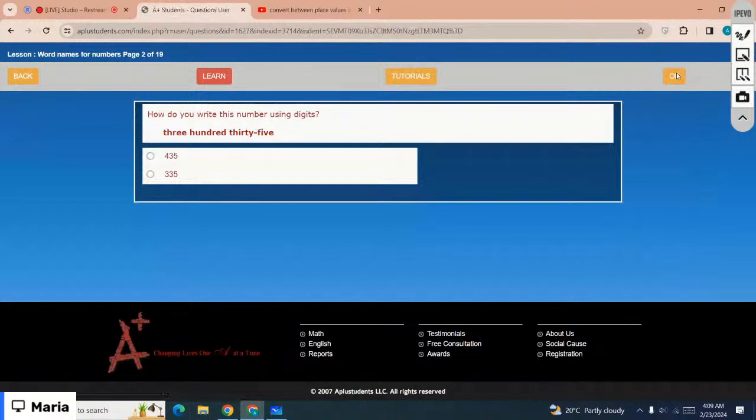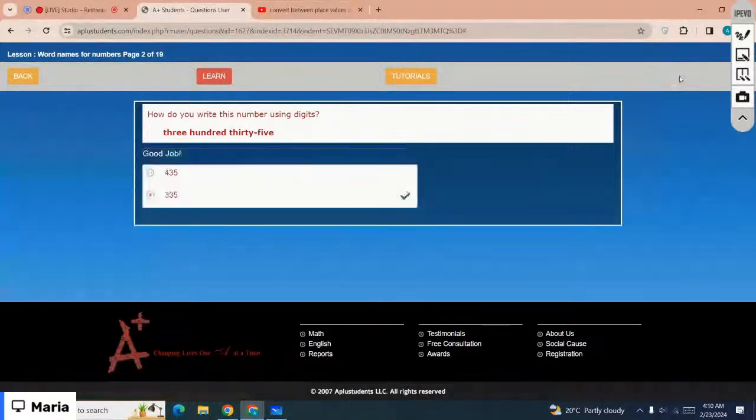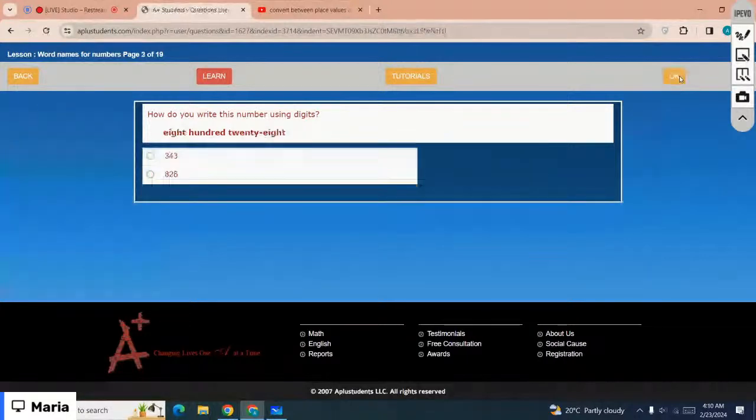How do you write this number using digits? Yes, that is 335. How do you write this number using digits? 828, which is the correct option?